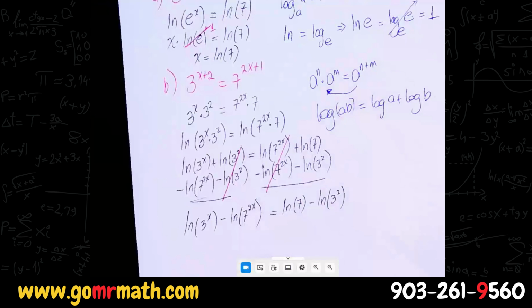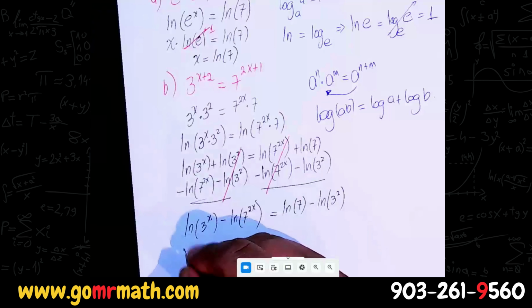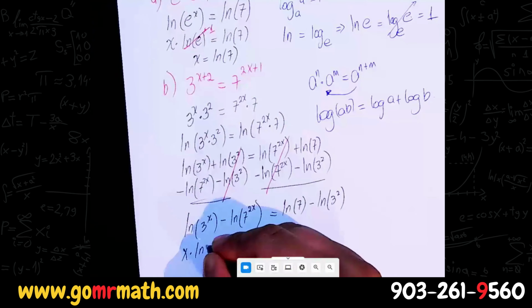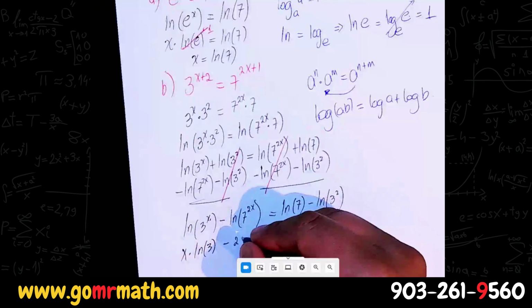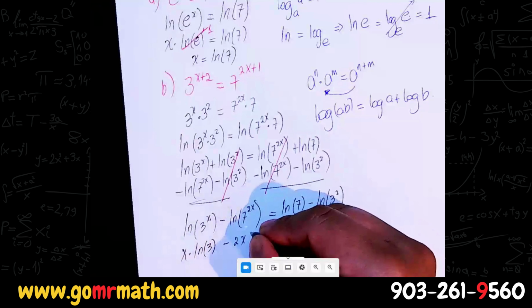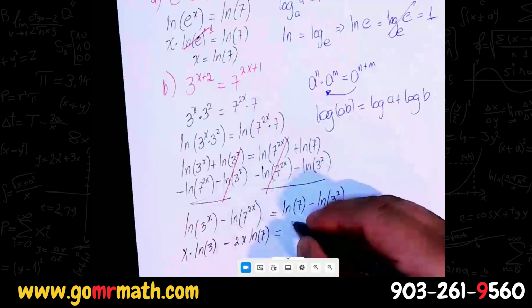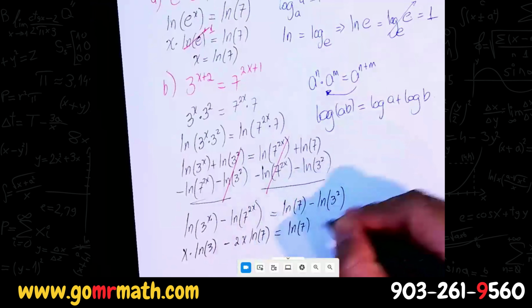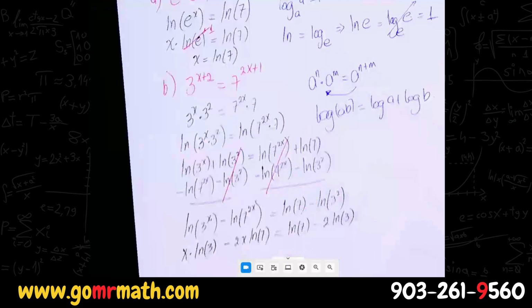Now we need to continue working on this. Since x is an exponent, it can come out as a product. x times ln of 3 minus 2x times ln of 7 equals ln of 7 minus 2 ln of 3.